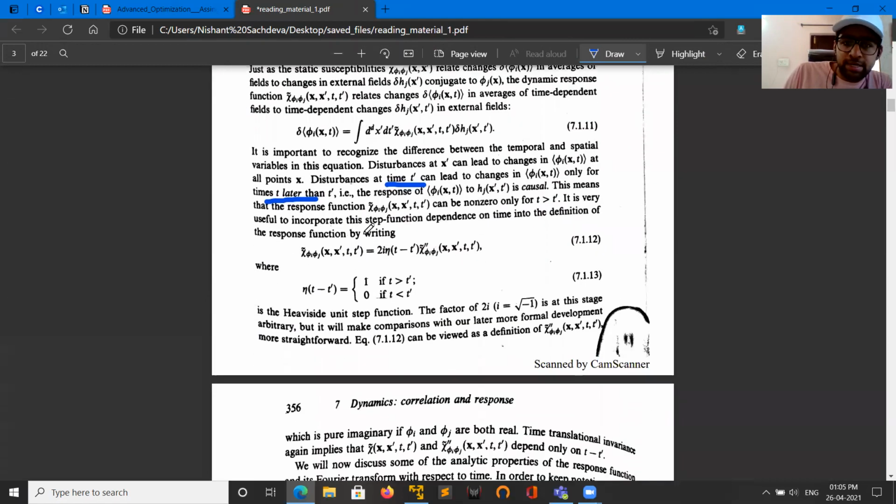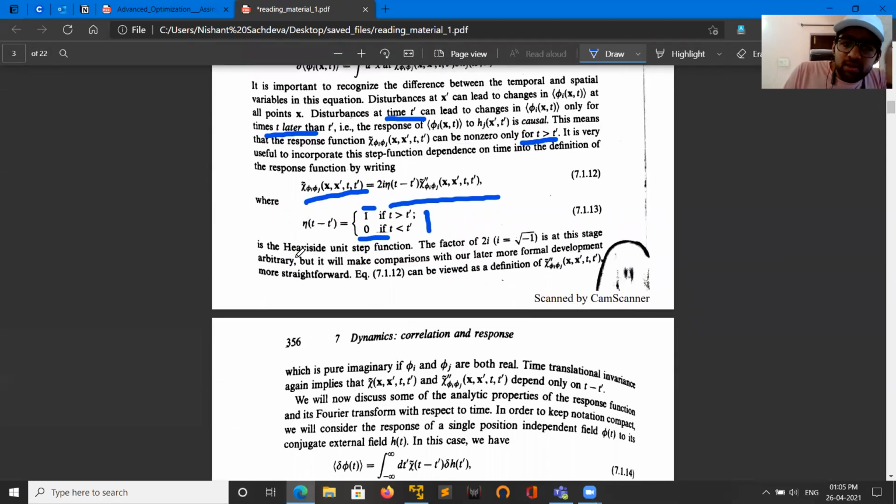So we incorporate that into the response function by writing this particular equation, where theta of t minus t dash is 1 only if t is bigger than t dash and 0 only if t is less than t dash. Be careful here: this particular quantity can be non-zero only for t bigger than t dash. That's exactly what's happening here. So for t less than t dash, it's 0, and otherwise we keep it as 1. So we basically make a sort of step function.